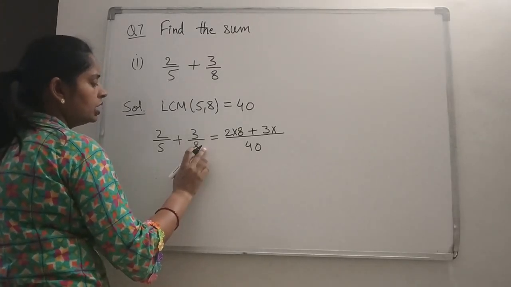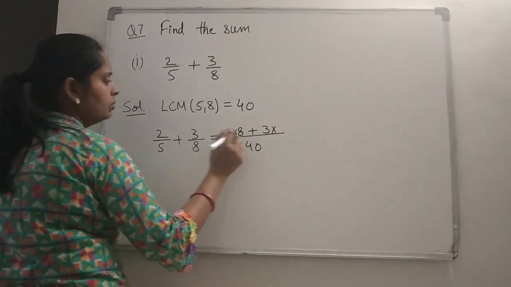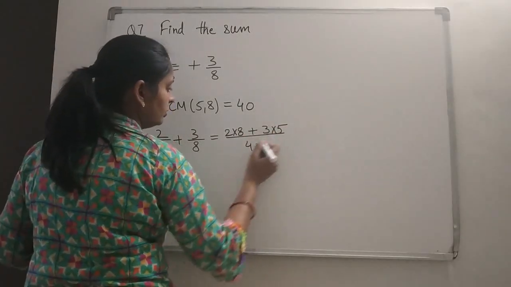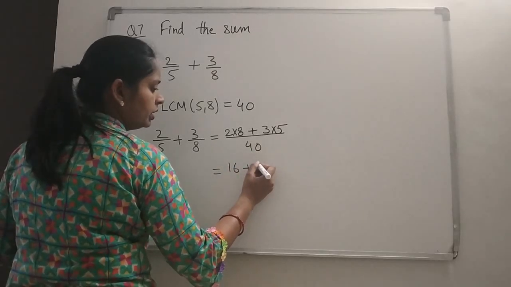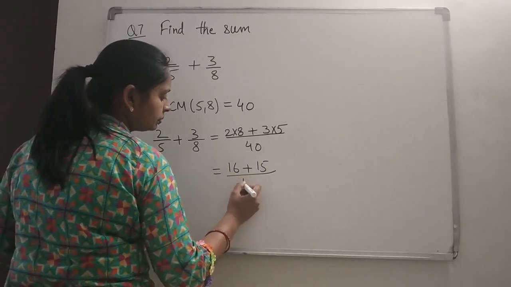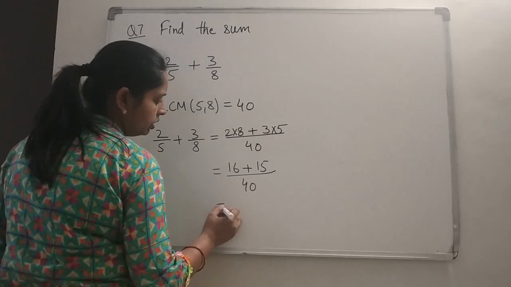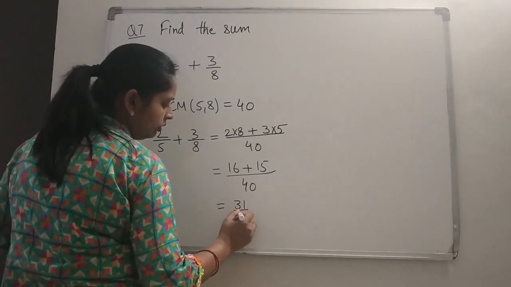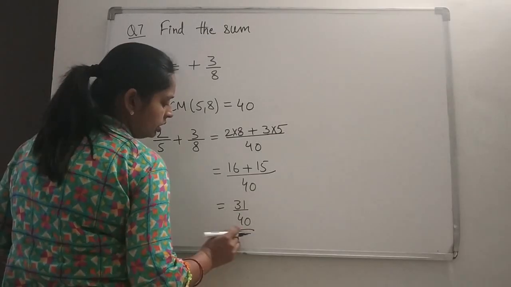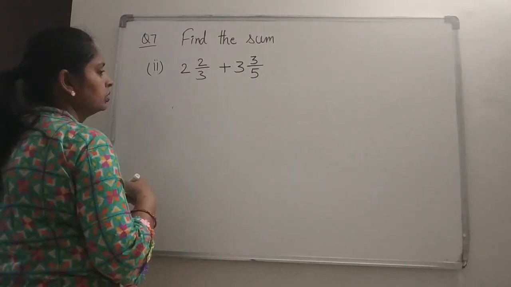So in denominator we are multiplying by 5, so we have to multiply numerator also by 5. So we are getting here 8 2s are 16 plus 5 3s are 15 upon 40. So 16 plus 15 will give you 31 upon 40, which is a proper fraction. So this will be our answer.